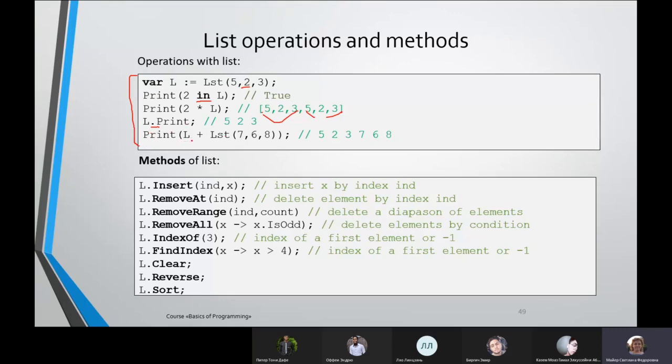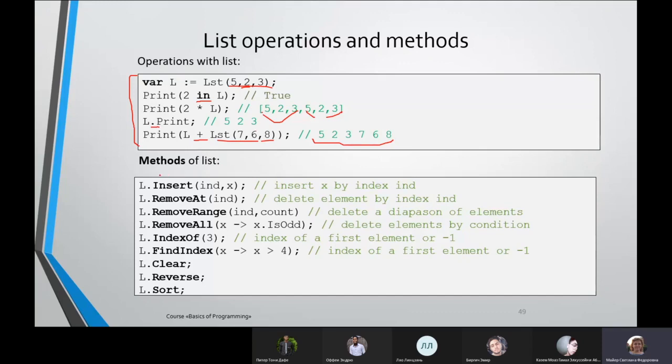And we can also use concatenation of lists. So a list plus some other list. Yes, we have another list here, 7, 6, 8, and we printed them together, so we will have these numbers as a result. First it was our L list, and then we add this list.